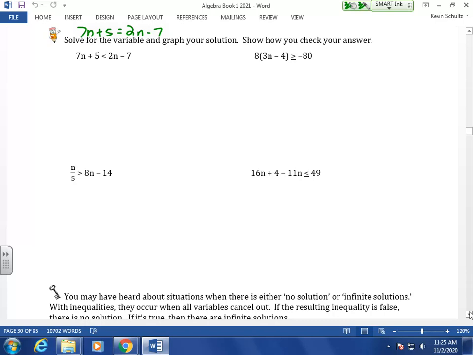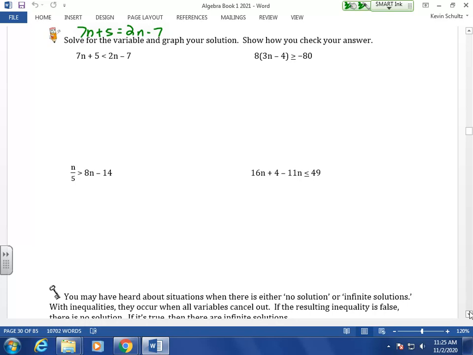Now, remembering this is an inequality might help influence you. In the long run, is it probably going to be better to move our 7n's over to the right or our 2n's over to the left? Probably the 2n's over to the left. If we move our 7n's to the right, we'll have a negative coefficient, which we'll have to deal with again later.